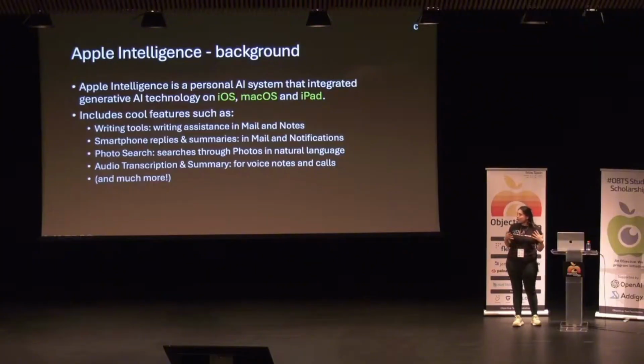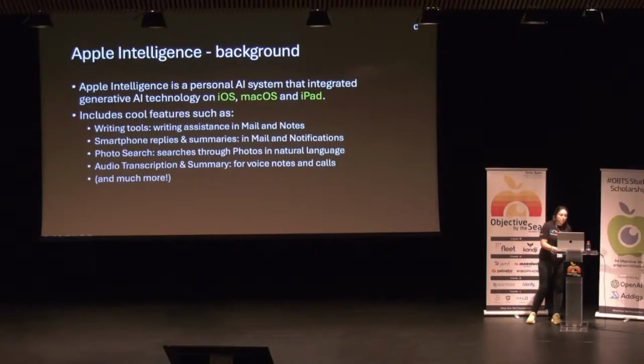It will also help you write emails and notes, and it will go through your photos in natural language, just an easier way to index things for yourself. Also, if you miss a call, it will do audio transcription and summary of voicemails. So overall, super great, right? So convenient. My life is so much better.